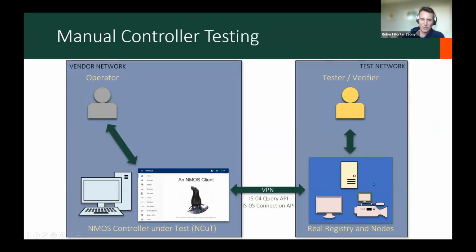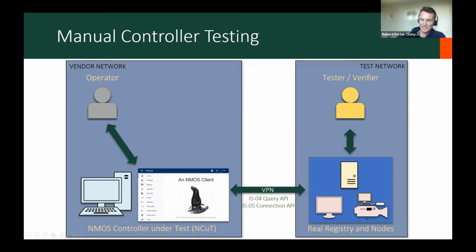So this remote controller testing performed during JTNM tested worked something like this. The vendor ran up their NMOS controller on their own network and connected to the test network over VPN. And on the test network, which was run by CBC Radio Canada, there was a real NMOS registry and some real NMOS nodes.